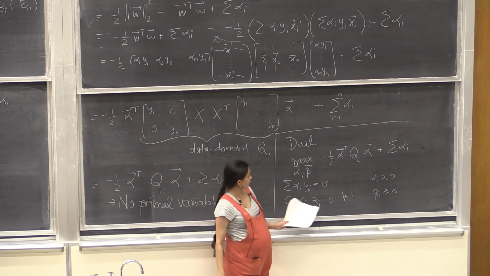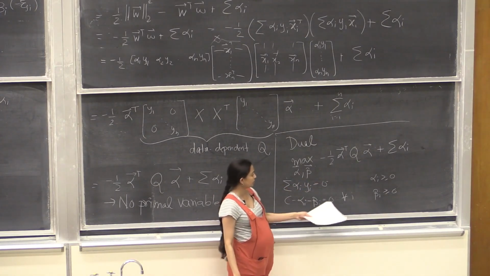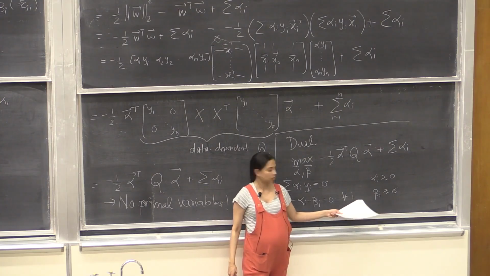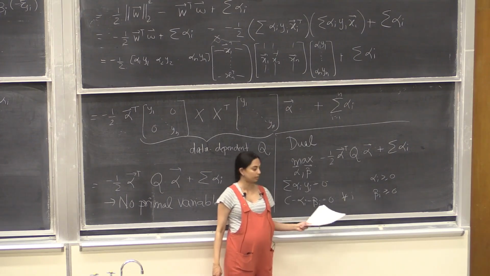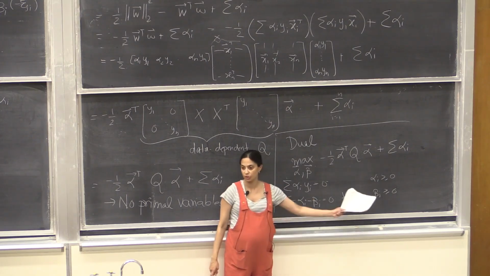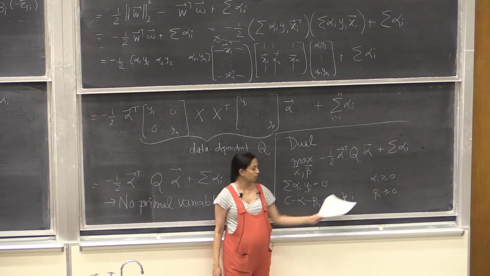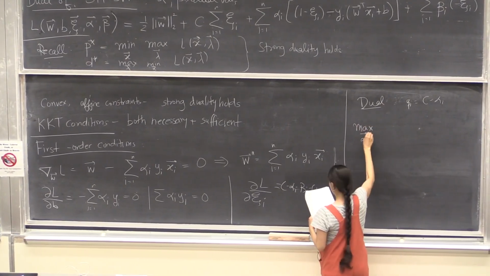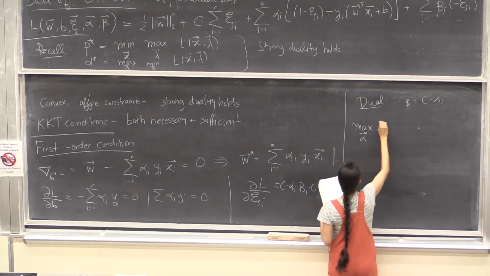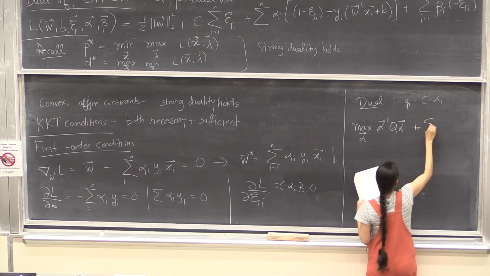So if I wanted to just eliminate beta, because there's no beta in the objective function, I can just rewrite this as c minus alpha i greater than or equal to 0, right? Because beta is essentially a dummy variable that's just connecting these two inequalities to each other. Do you see that? So I can just rewrite this as the max over alpha of negative 1/2 alpha transpose Q alpha plus sigma alpha i.